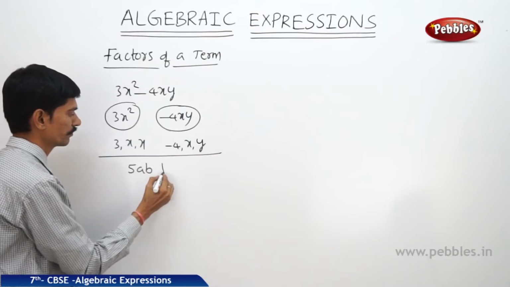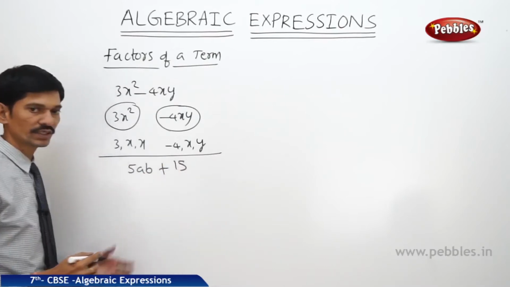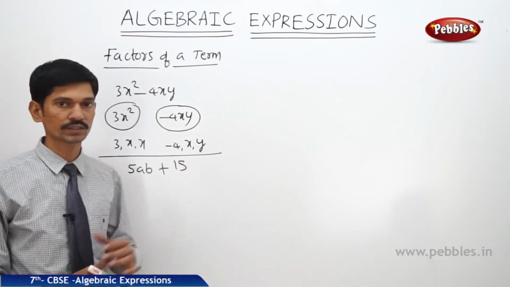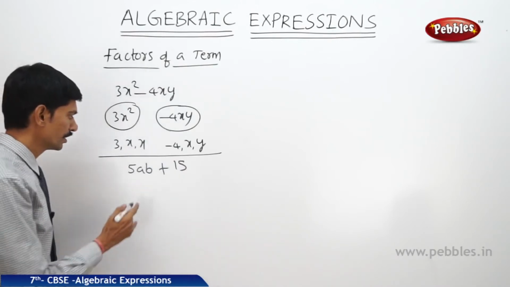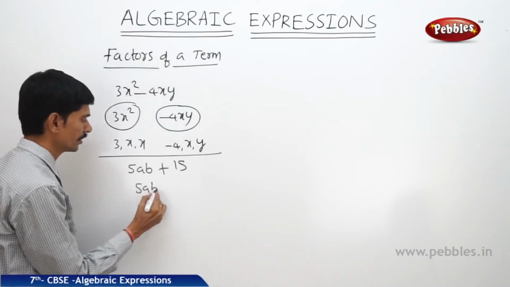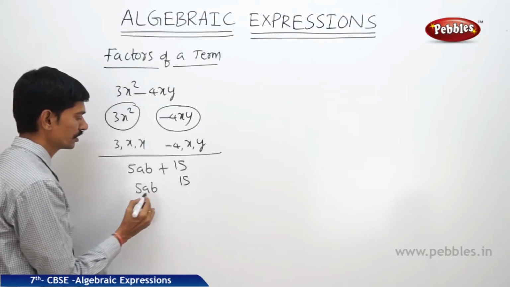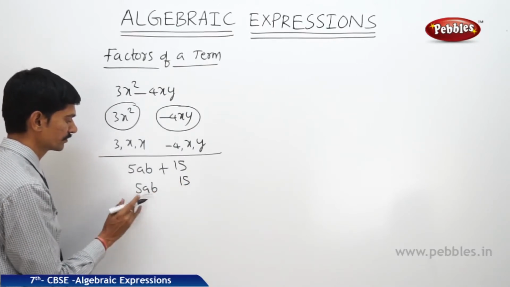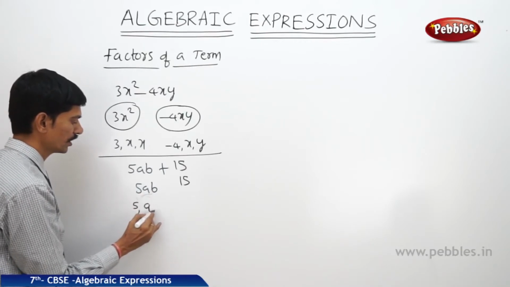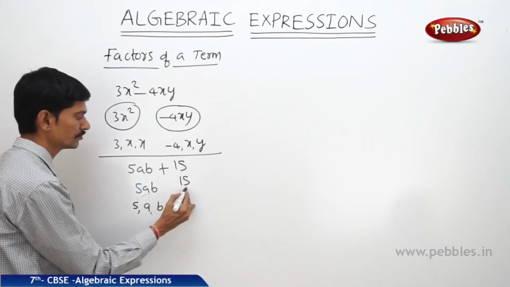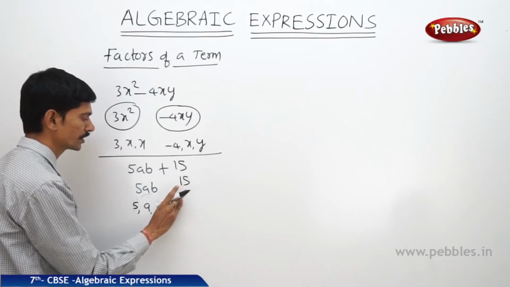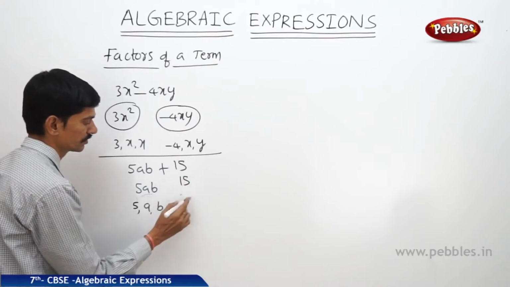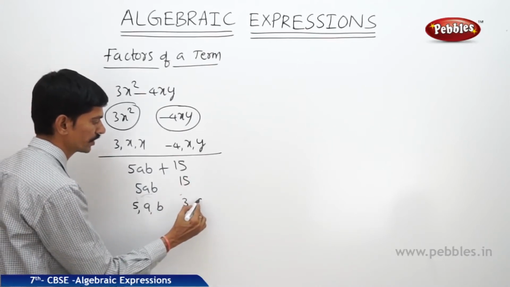5ab plus 15. So this algebraic expression also consists of two terms, namely 5ab and 15. So the first term, 5ab, is obtained by the product of the factors 5, a and b, and the second term 15 is also obtained by the product of the factors 3 and 5.